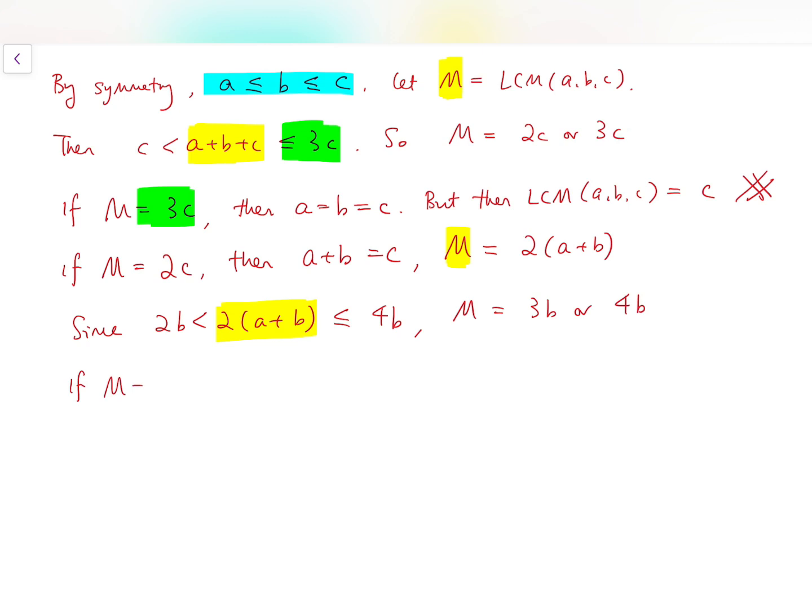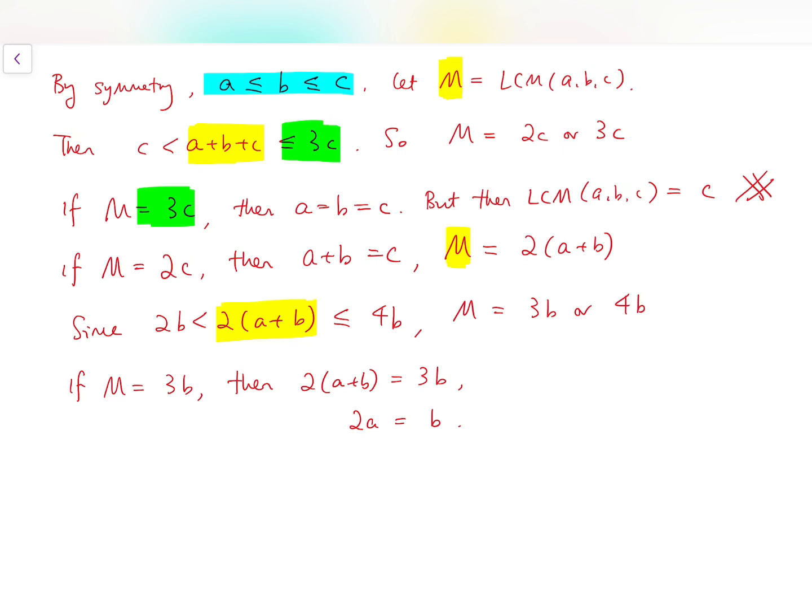Now if big M is 3b, then because this is equal to 2 times (a plus b), I can try to put them together. So 2a equals b. And now from this, I can write everything in terms of a.